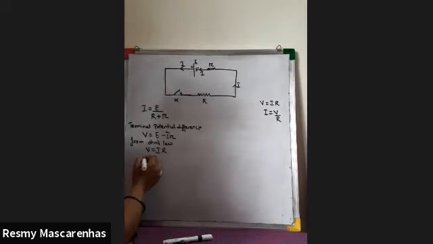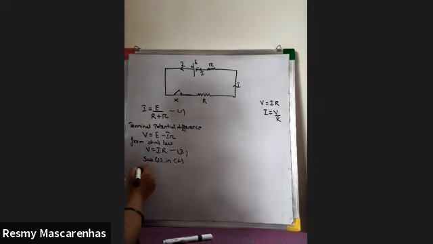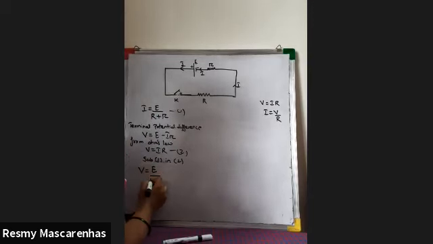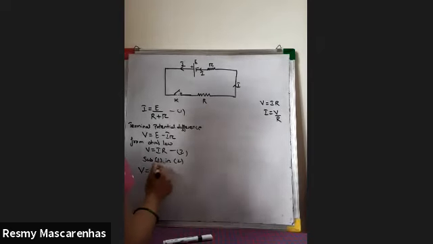Substitute it here. Mark this as equation 1, this is 2. Substitute 1 in 2. So it will be V is equal to E upon R plus r into R. Or this R I can write further.